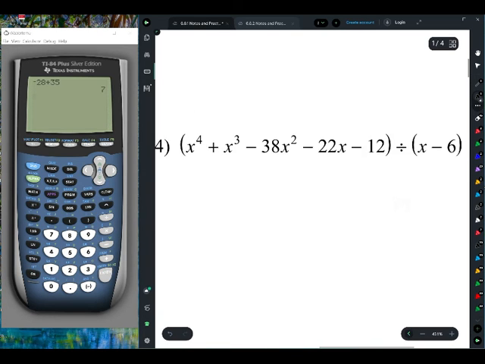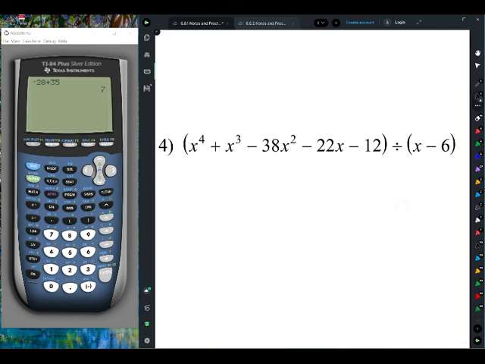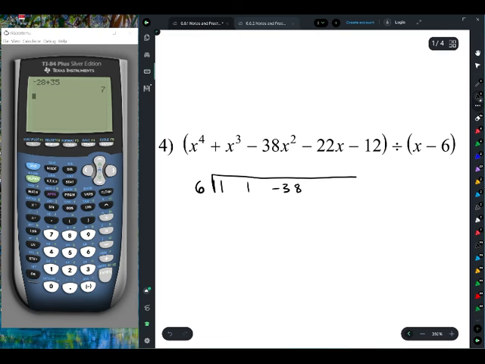Here's number 4. I encourage you to pause the video and try it out on your own, see if you get the answer. I will go through it, and you can check your work at the end. If you need help with the setup, you can watch me. I'm going to tackle it right now.